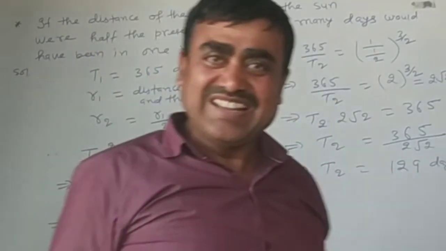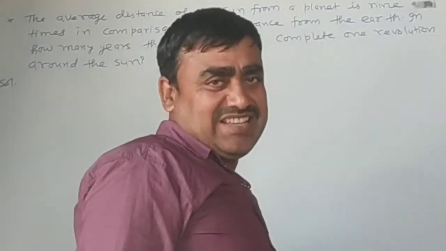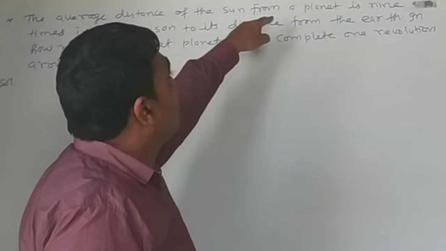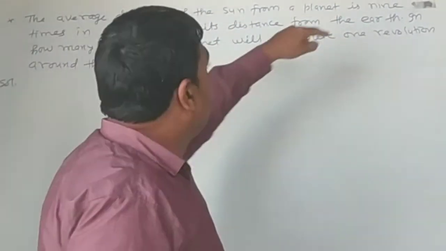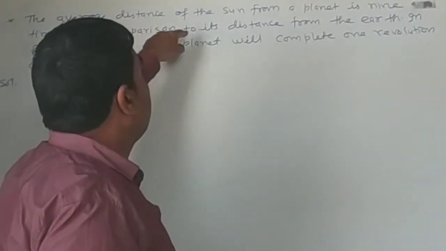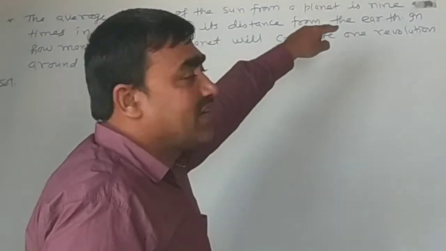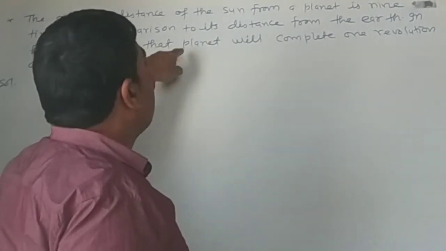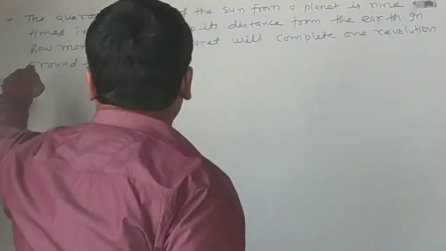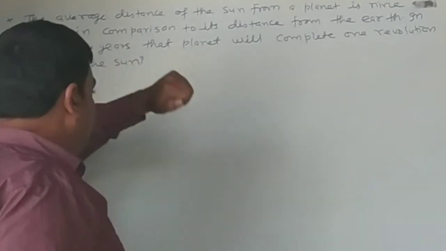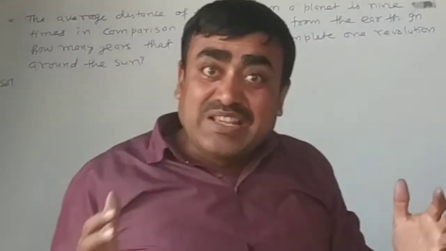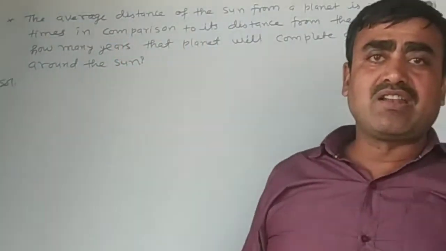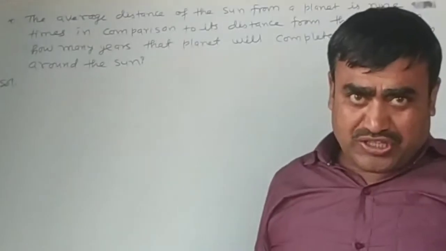The third one is here. The average distance of the sun from a planet is 9 times its distance from the earth. In how many years will that planet complete one revolution around the sun? This question is also based on Kepler's third law of planetary motion.